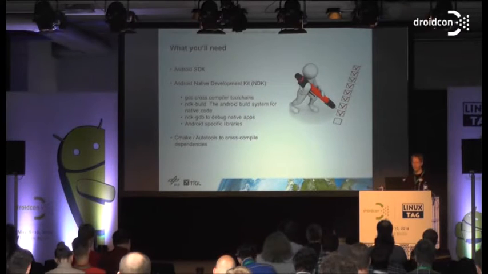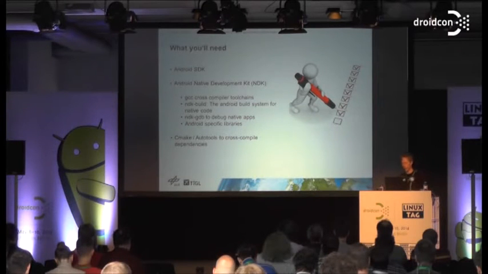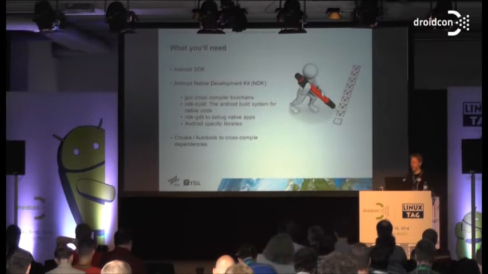It's just based on makefiles actually, and it has a debugger based on GDB, and of course also Android specific libraries to talk to the Android backend, for example, to do some logging or whatever, to read sensors. And when you want to port third-party libraries, you also need CMake, OpenTools, whatever these third-party libraries need.